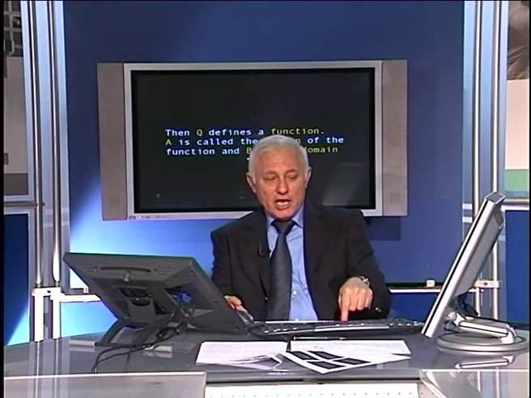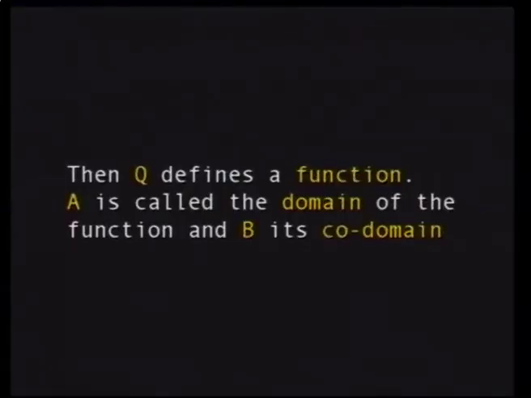In other words, it corresponds with 1 element, a unique value in B. Then we call Q a function. We call the set A, from which the arrows emanate, the domain of this function, and the set B, in which the arrows end, we call the codomain of the function. And this is the topic that we shall discuss in detail in our next lesson.